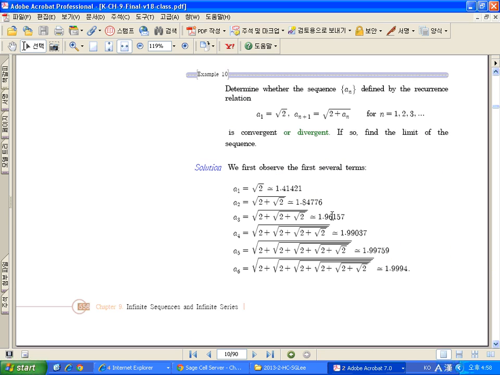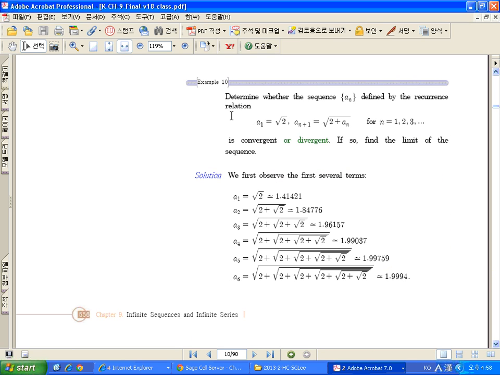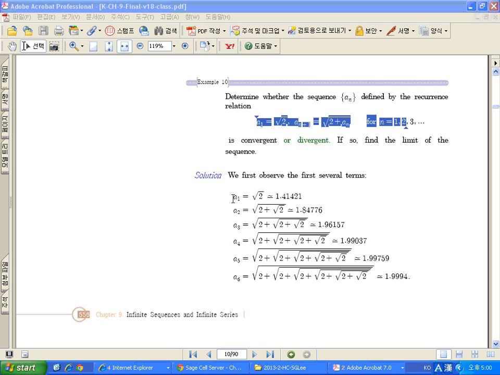Okay, and this is another interesting example: determine whether a sequence a_n defined by the recurrence relation like this is convergent or divergent. Okay, as you see, this term is increasing toward the number 2.